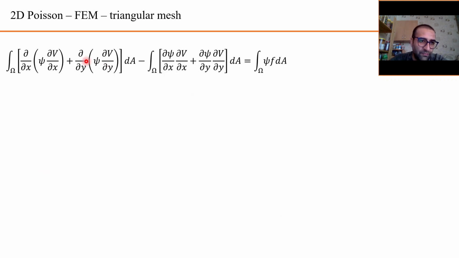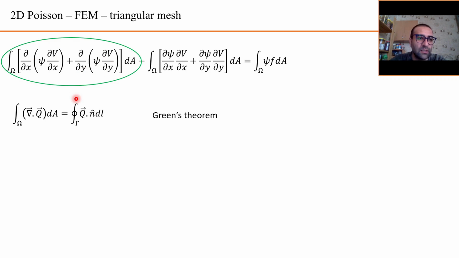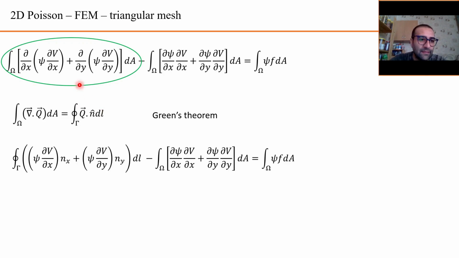If we look at this equation, we can simplify it more by using Green's theorem. Green's theorem says that the area integral of the divergence of any vector quantity is equal to the overall flux of that vector through the boundary of the domain that surrounds it.